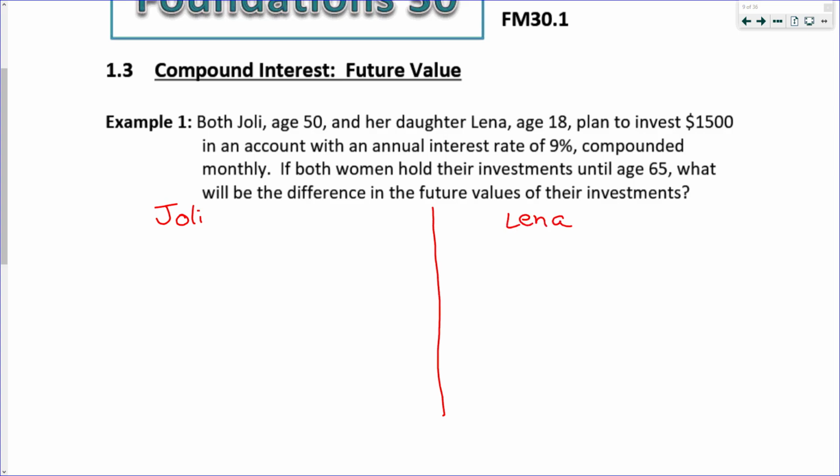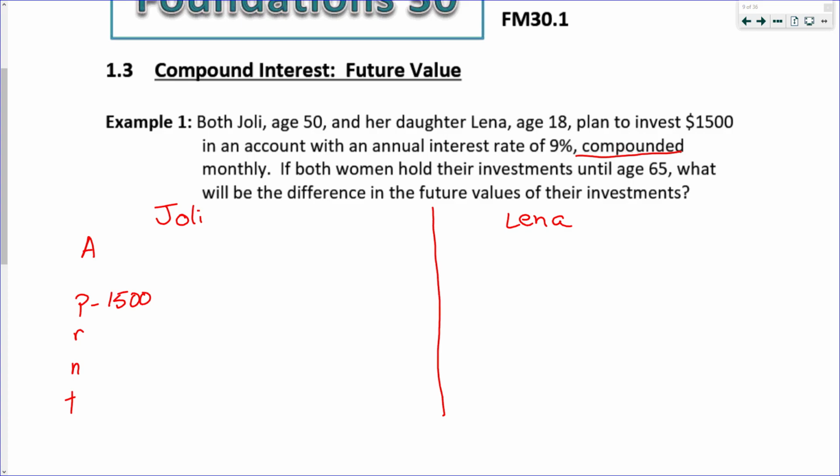So for Jolie, we need to have an A, a P, an R, an N, and a T for doing compound interest. And again, just a note for how I know this has to be a compound question, it specifically says compounded in the question. So for Jolie, she invested $1,500, and that's our P, our principal.